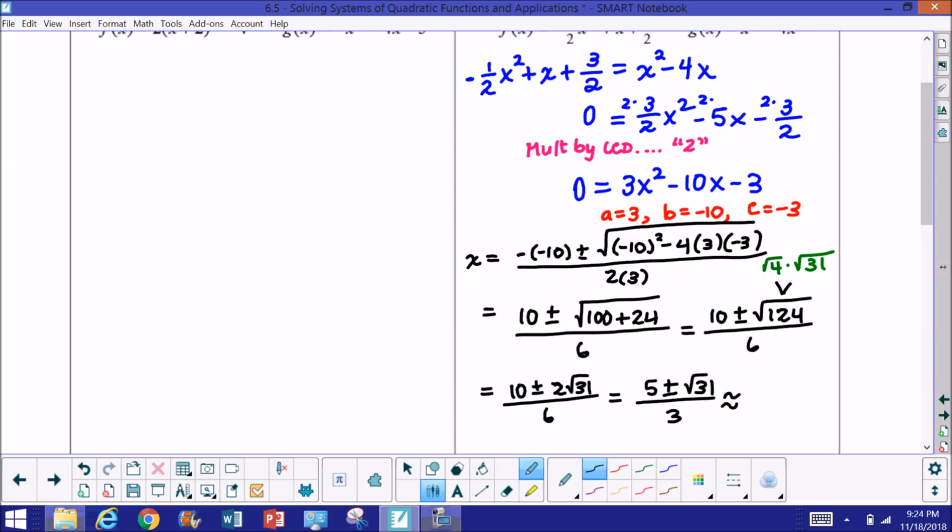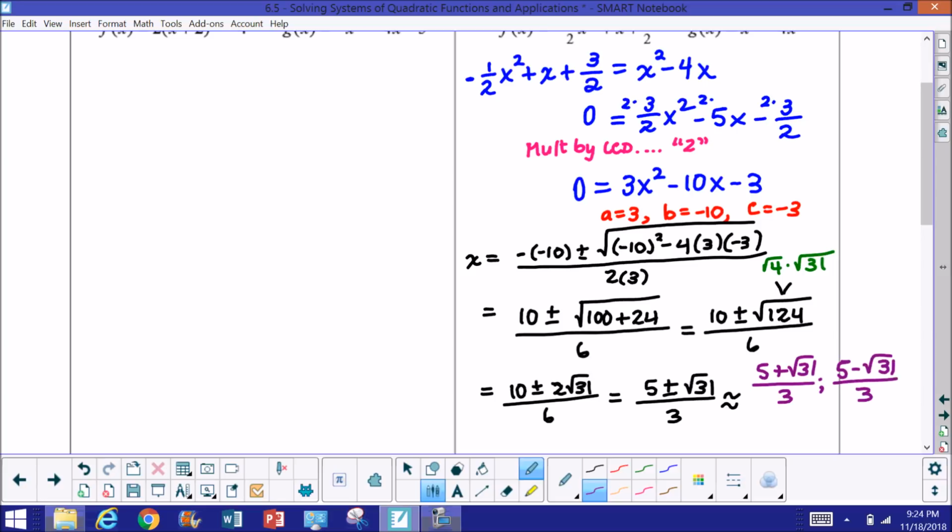I'm going to leave this exercise for you guys. You would enter this into the calculator as 2 different possibilities: 5 plus the square root of 31, divide by 3, and then re-enter it as 5 minus the square root of 31, all divided by 3.